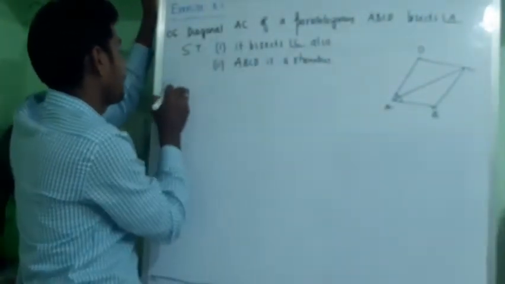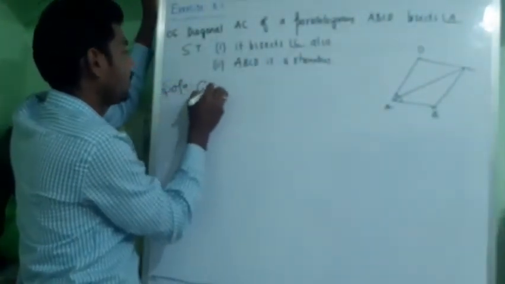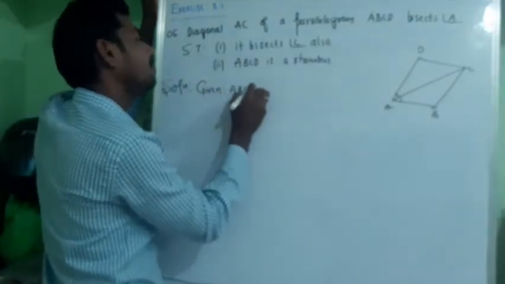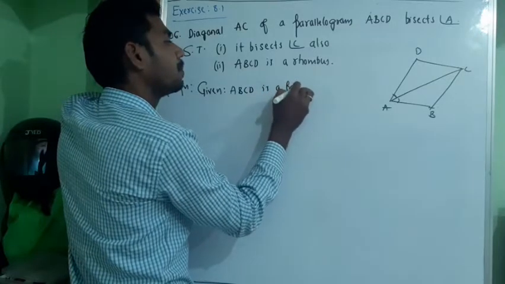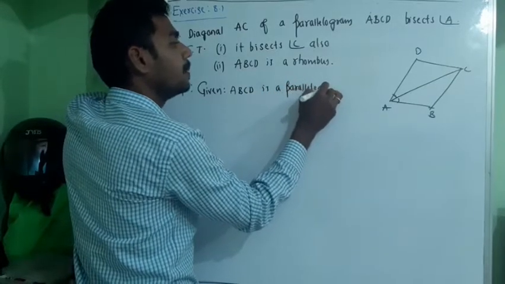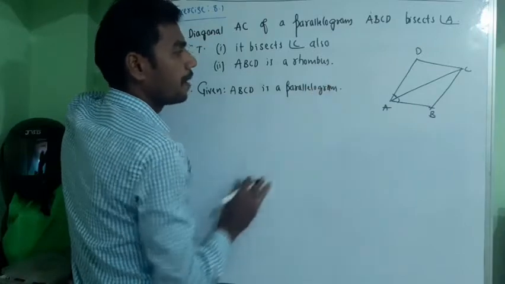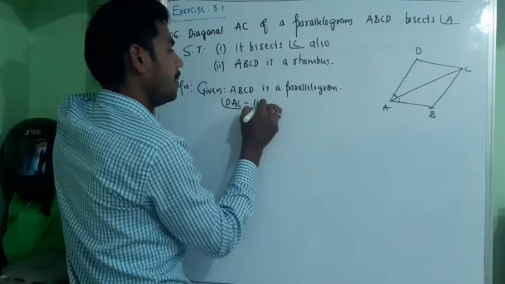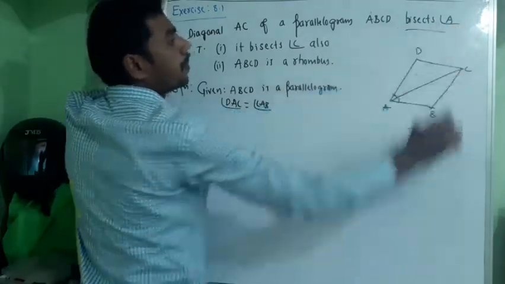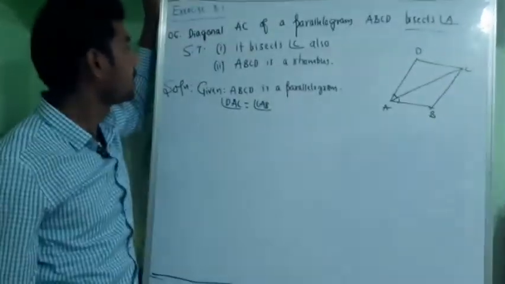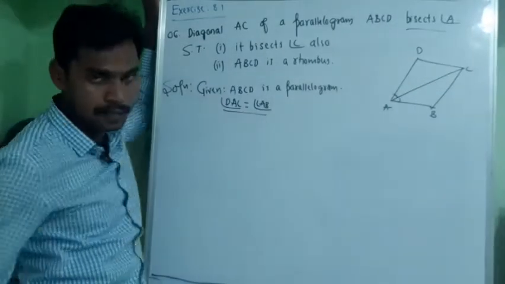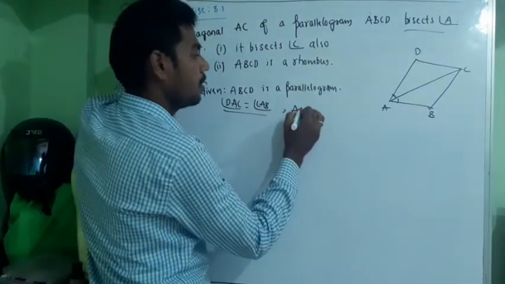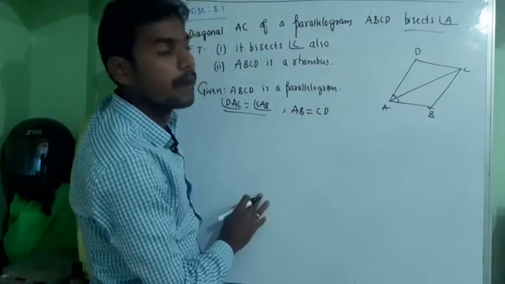See, for that, what is given to us? ABCD is a parallelogram, and angle DAC is equal to angle CAB. AC bisects angle A. That means angle DAC is equal to angle CAB. And from this, what can we write? AB is equal to CD, opposite sides of a parallelogram are equal.